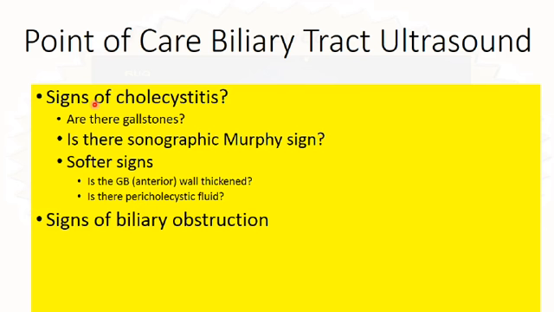These are not important, but presence of these adds to the diagnosis if you already have the other 2, gallstones and sonographic Murphy sign. Okay, so to recap, the hard signs of cholecystitis, the most reliable ones are the presence of a gallstone and tenderness on pressure. Softer signs are thickening of the wall of the gallbladder and fluid around the gallbladder.